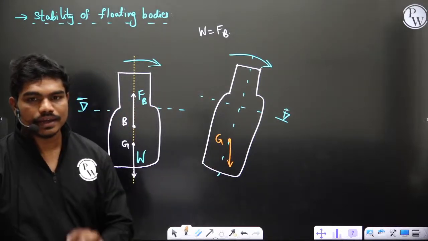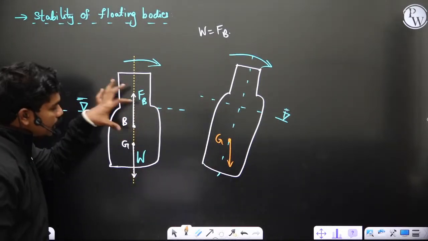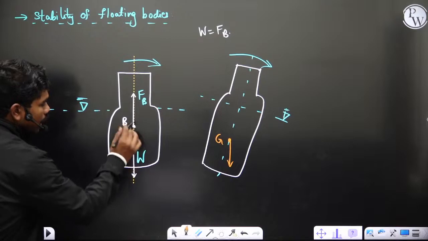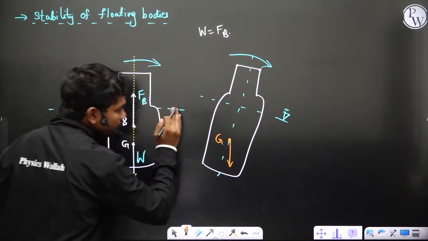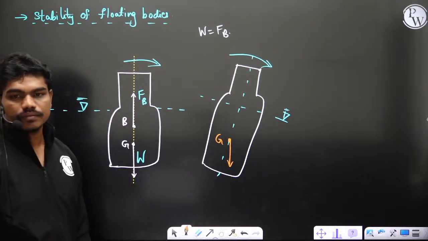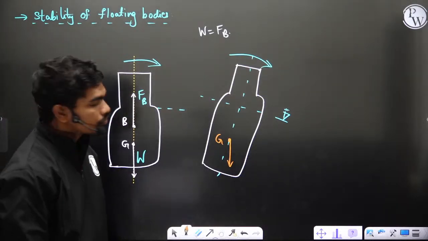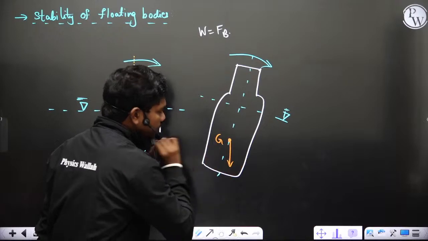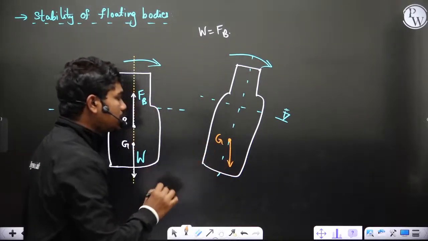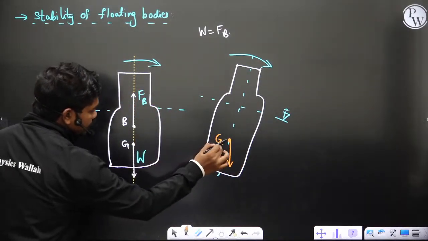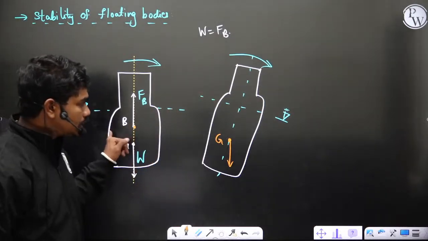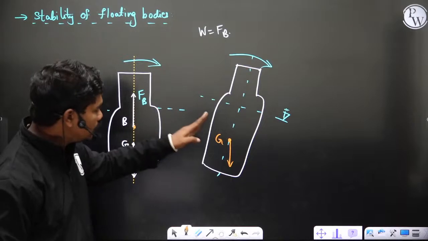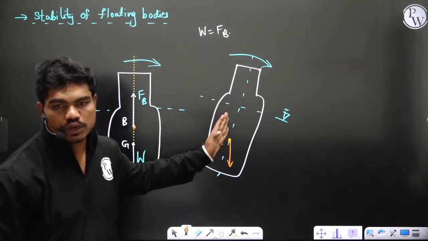Can anyone tell me, this B, whenever this body is floating, after tilting, does this B still stay on the axis or will it get diverted slightly? My question is, this object, if this is G here, this G remains on the axis because it's a complete body. Coming to the center of buoyancy, will this center of buoyancy still remain on this axis or will it get tilted?